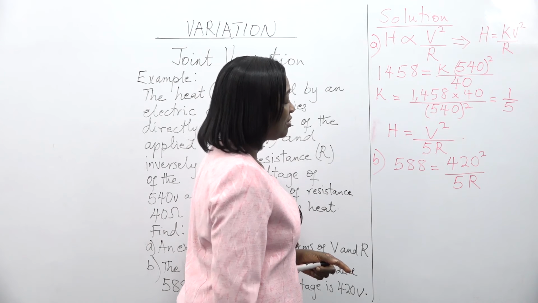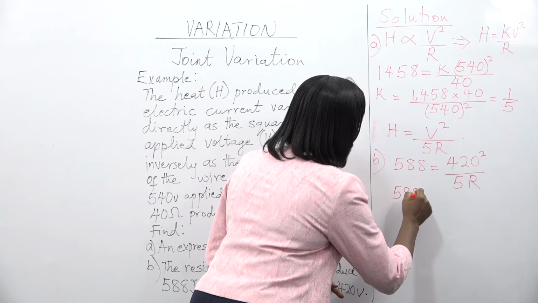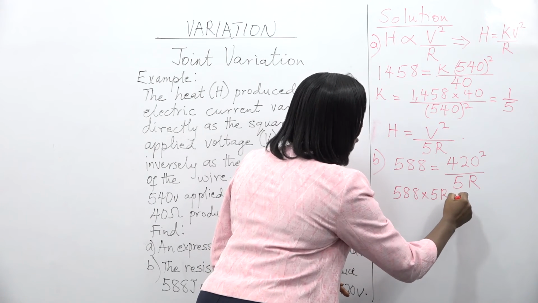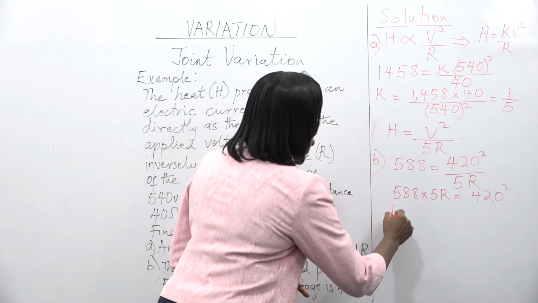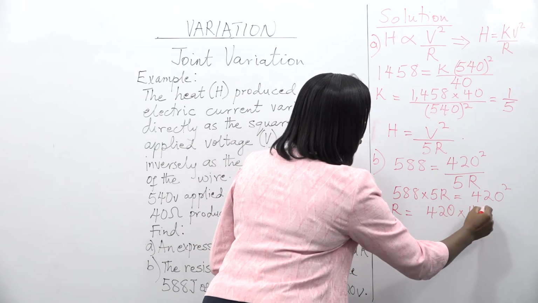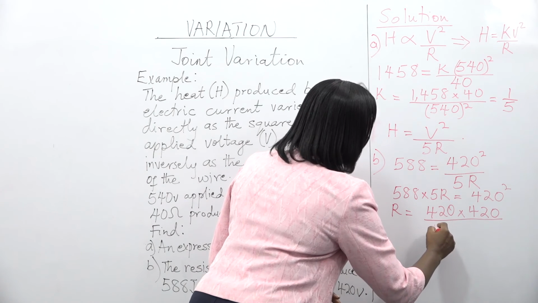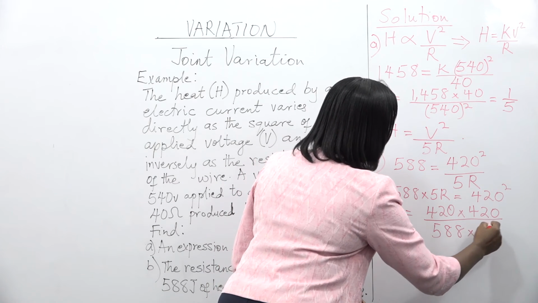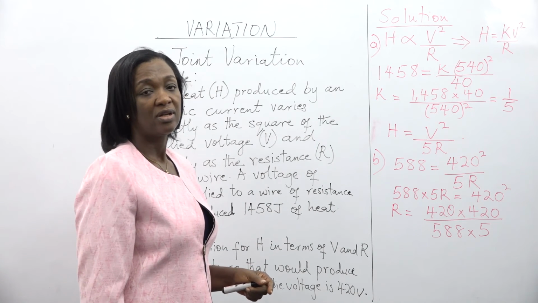And then we have 588 times 5R is equal to 420 squared. So R is equal to 420 times 420 over 588 times 5. Punch that into your calculator.